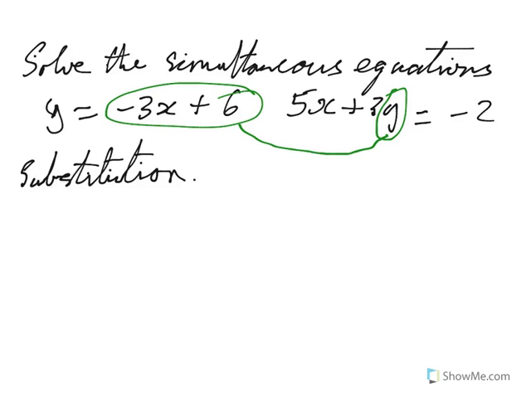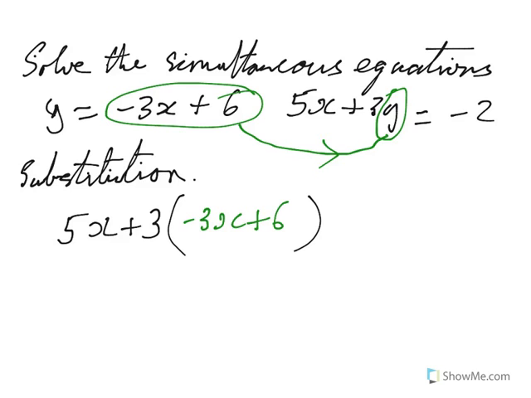So when I do that, I get 5x, that stays the same, plus 3 lots of negative 3x plus 6, because that's what y was, and that's still equal to minus 2.